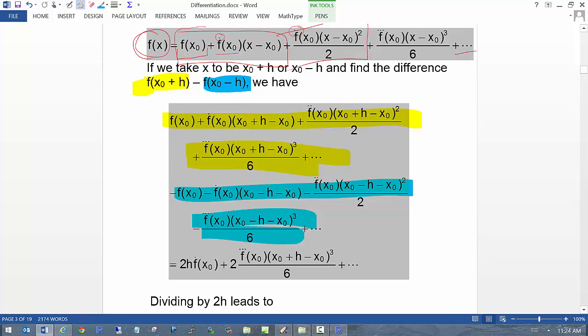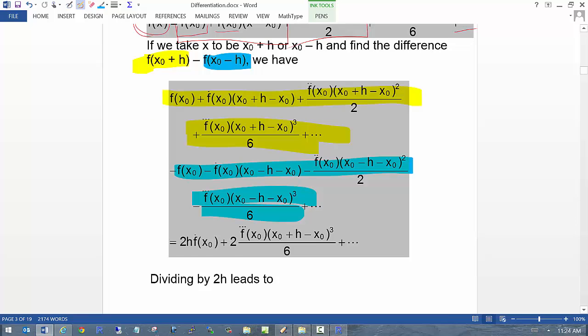Now what you're going to notice is that we have some simplifications that occur. So for example, these terms cancel out, as do the terms involving the second derivatives too. And this is what we're left with then. So this would be the Taylor series expansion of what's in the numerator of the central difference formula.